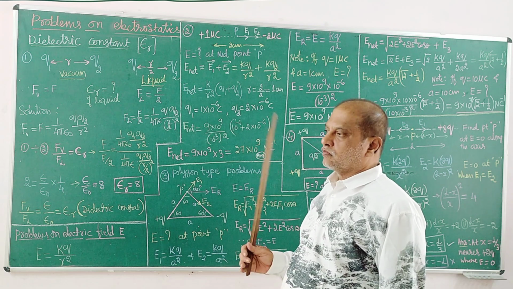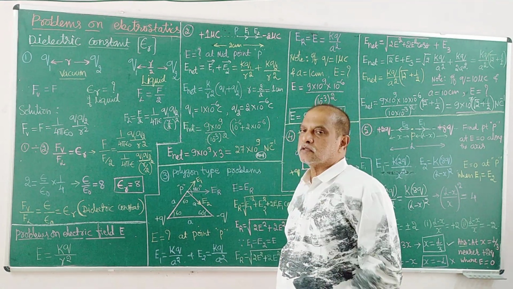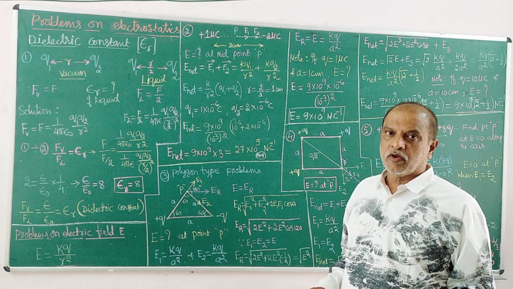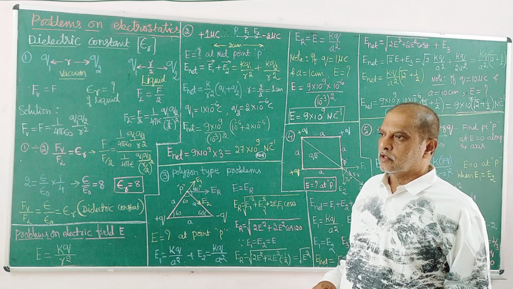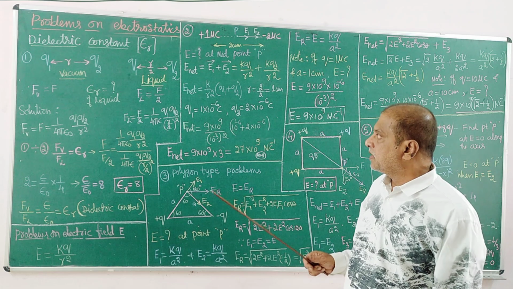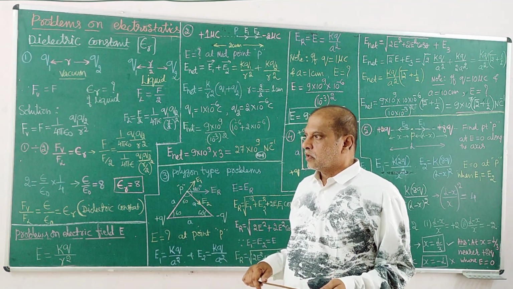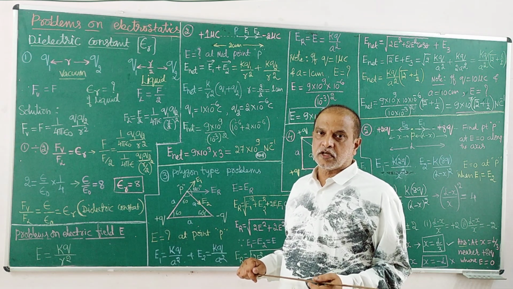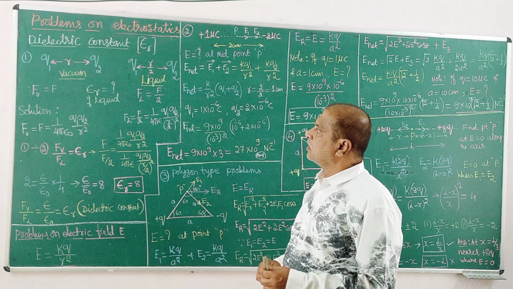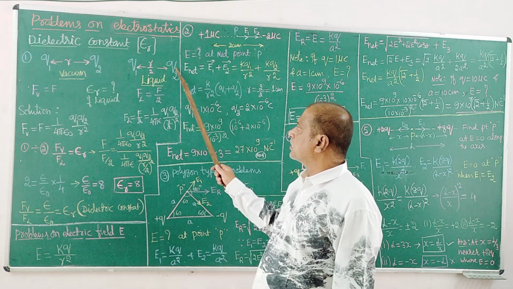If the space is filled with some material, which may be in the form of gas, liquid or solid, that material will reduce the magnitude of electrostatic force between the charges.